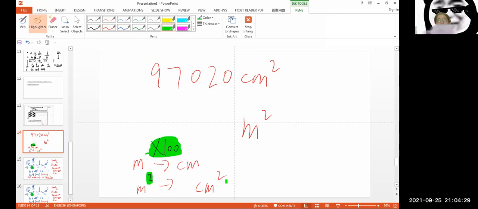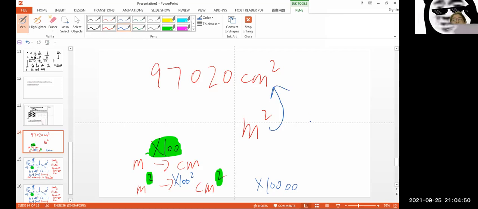If you go to square, you also need to square the factor. So therefore you do times 100 squared. 100 squared is actually times 100 another two zeros. So if you go from this to this, you times 10K. But now I want to go from this to this, so I divide by 10K.